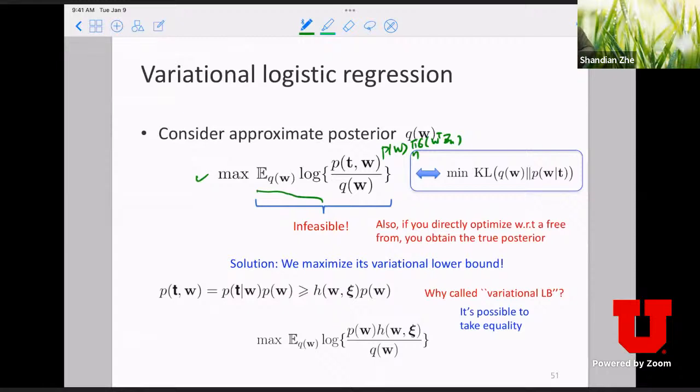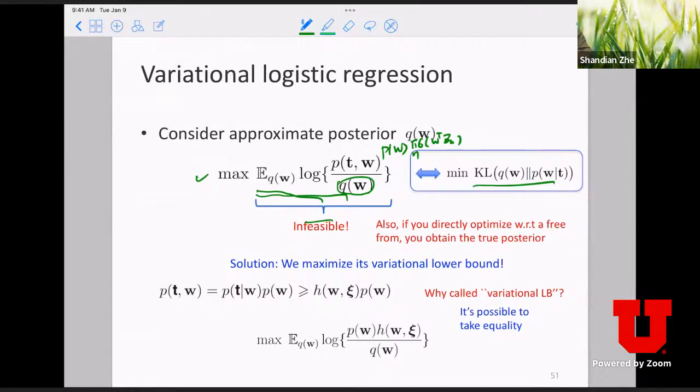So even if you maximize this, it's not feasible. If you don't put any restriction on Q of w, maximizing this evidence lower bound is equivalent to minimizing the KL divergence from Q of w to the true posterior.